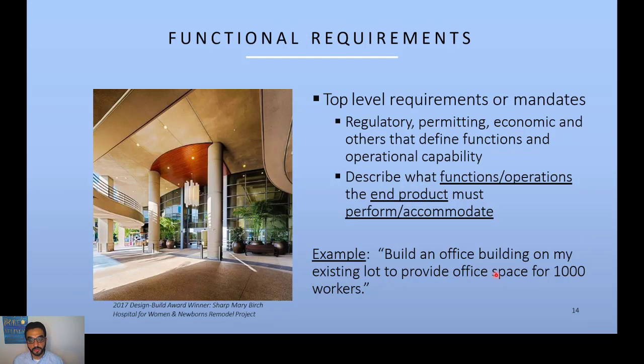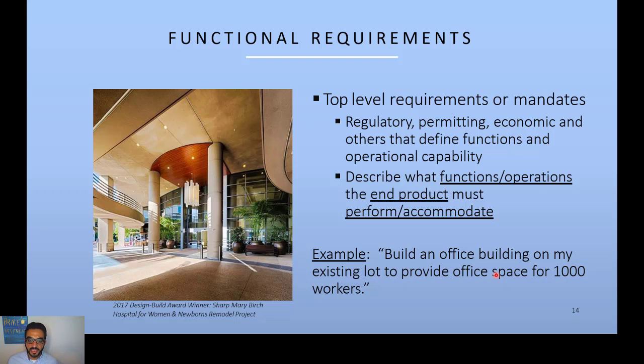So functional requirements, the first one, it's a top level requirement, and it mandates regulatory requirements, permitting, economic requirements, and here it also describes what functions or operations the end product must perform or accommodate.